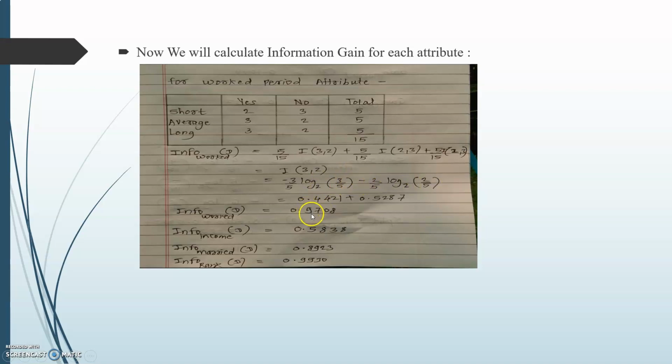The value is 0.9708, and the 5 by 15 and the 3 times I(3,2) will be calculated, so 15 divided by 15 will be eliminated. Similarly, for the work, income, married and rank attributes, we will calculate the information gain.